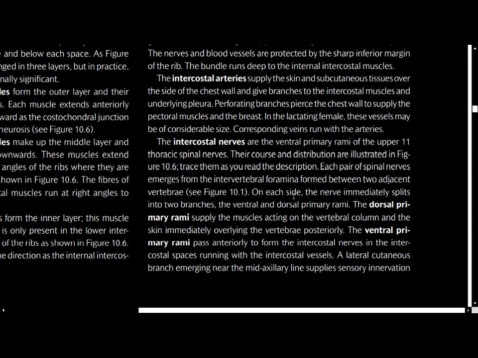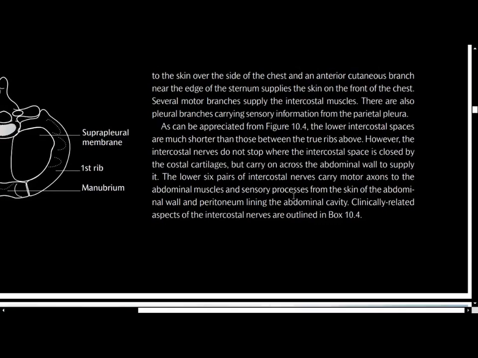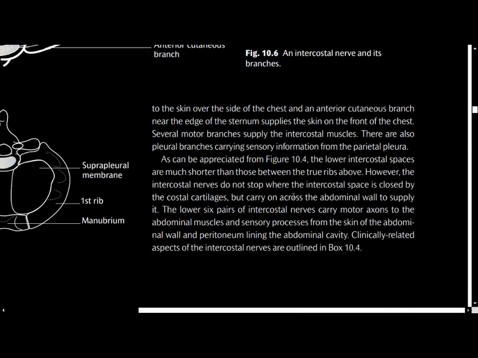A lateral cutaneous branch emerging near the axillary line supplies the skin over the side of the chest, and an anterior cutaneous branch near the edge of the sternum supplies the skin on the front of the chest. Next lecture we will study several motor branches.